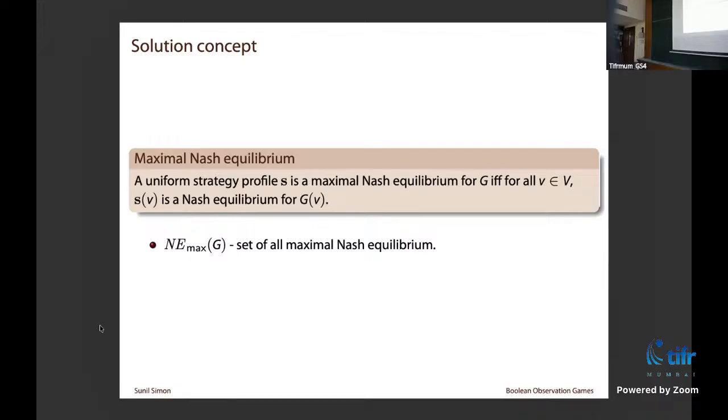So that's a very strong definition. If something is a maximal Nash equilibrium, of course it's going to be both a pessimist and an optimist one. So these are the three things that we essentially look at: pessimist, optimist, and maximal.